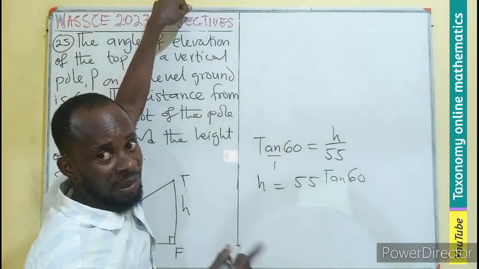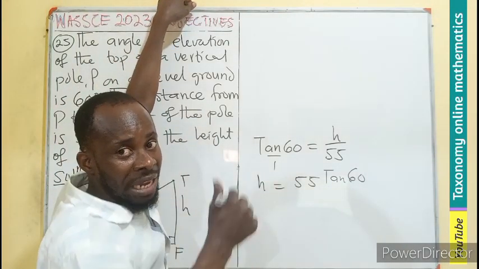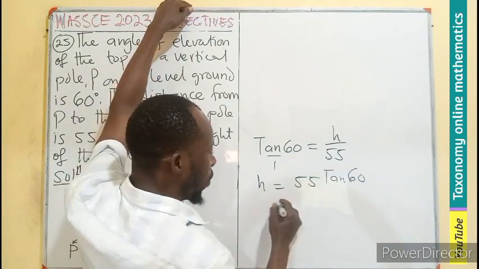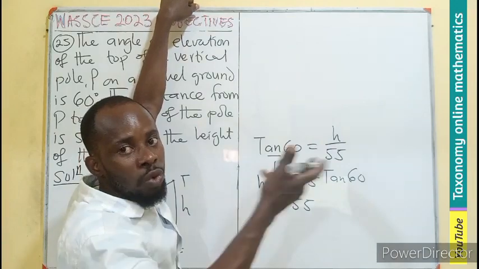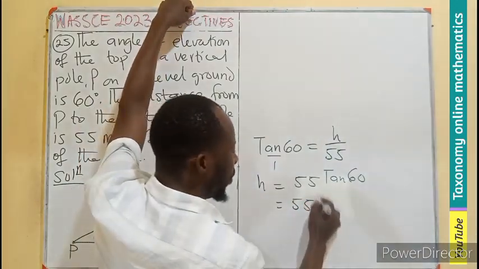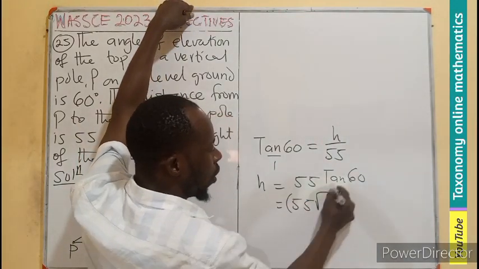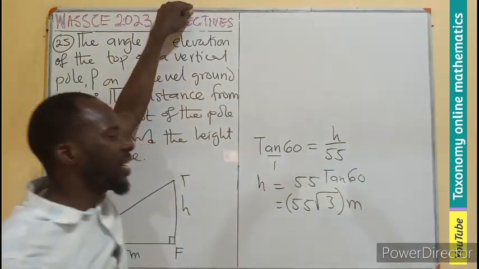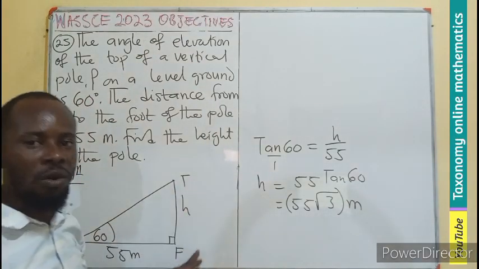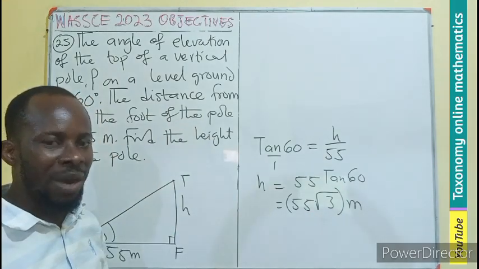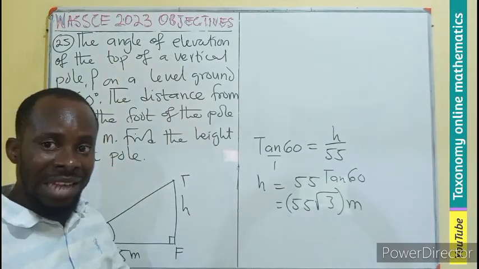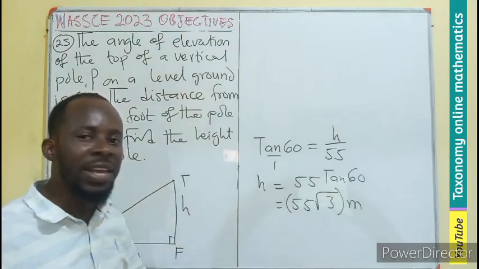In the possible answers, the answer is left in terms of surd, so I'll only have to change the tan 60 into its value in surd, which will be root 3. So the whole of this with a meter gives us the height of the pole. Don't forget, we can convert this to decimal, but the question is demanding the answer in surd, so we end it in this form.